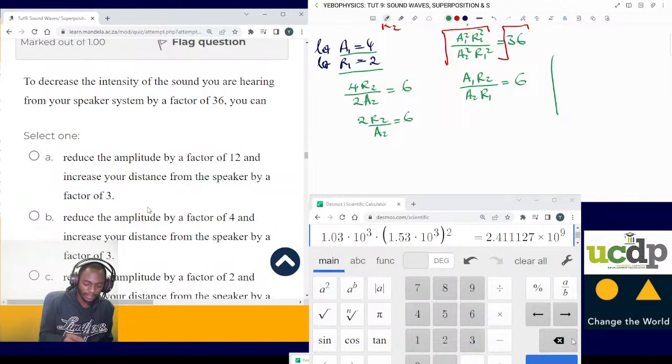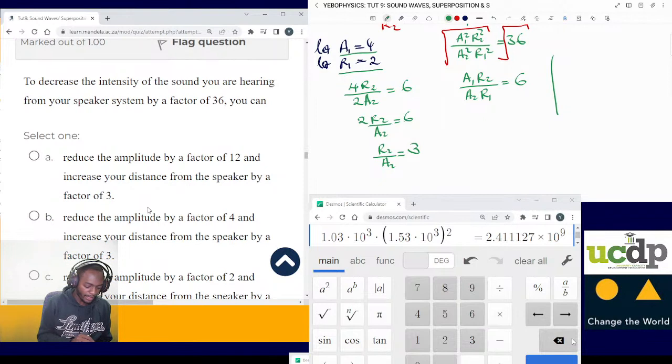Comments, guys, in case I am losing it somewhere. Then I simplify that by dividing both sides by 2, you should get 3. So it still remains R2 over A2. The ratio of R2 to A2 should give us 3, according to what I have here.